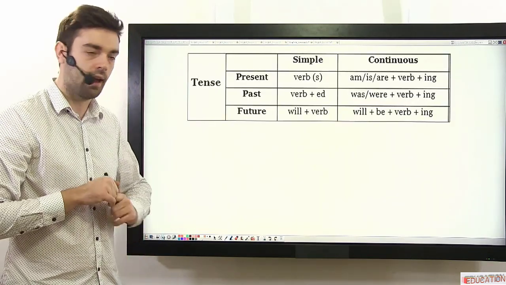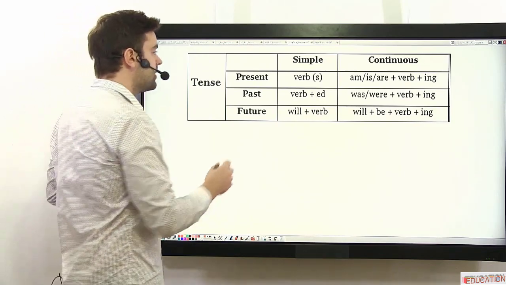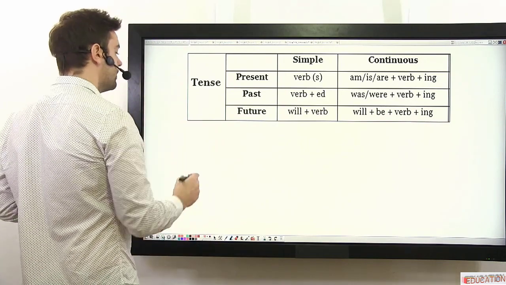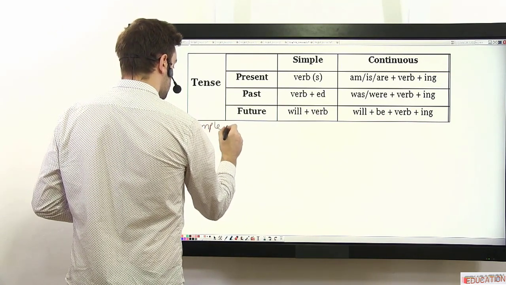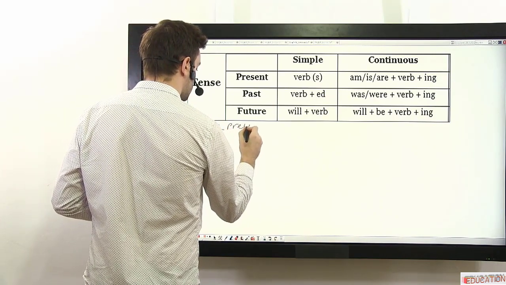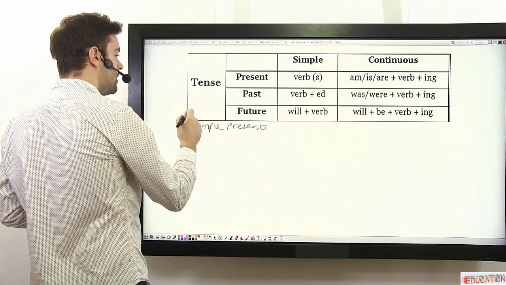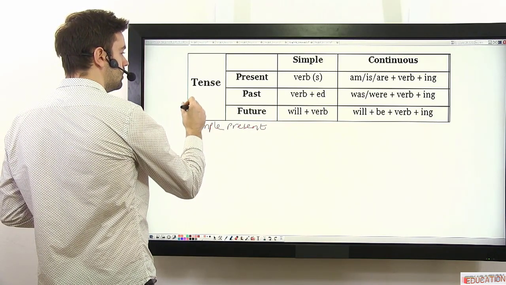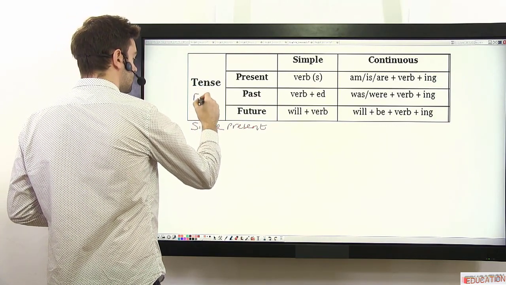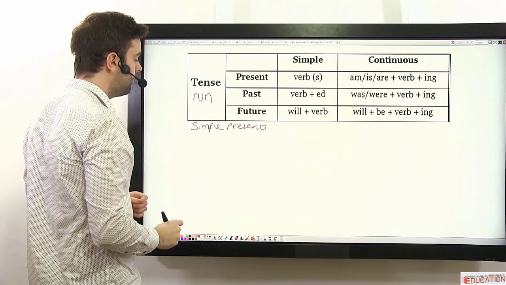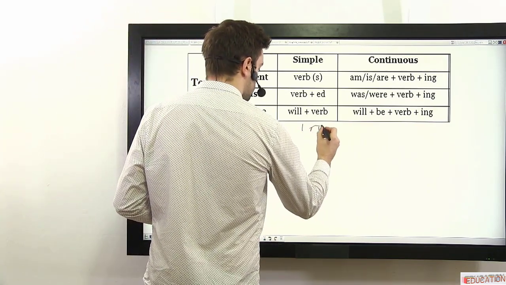So let's do a recap of the tenses we know so far. Let's start off with the simple tenses. So we've got simple present, let's use the verb run. So the simple present, I run.